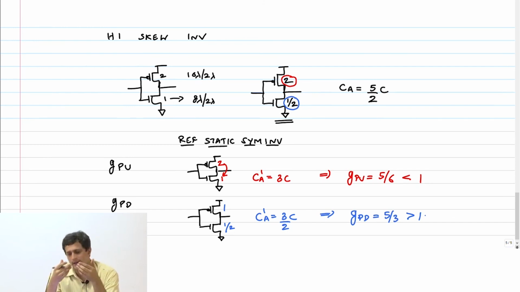So now you can take this idea of a high skew inverter and take it to a NAND gate, take it to a NOR gate, and so on. Right?